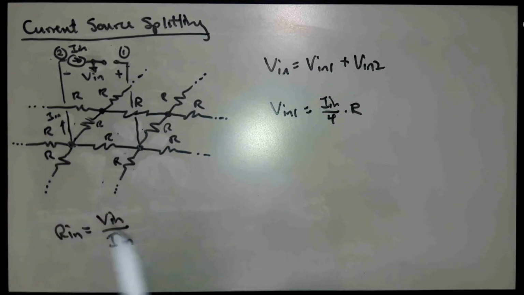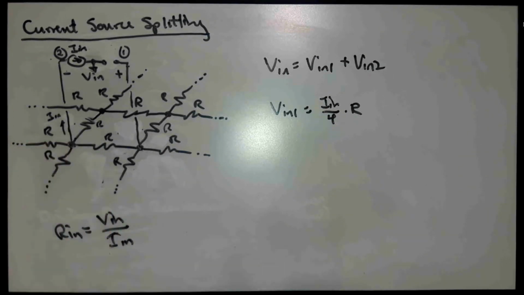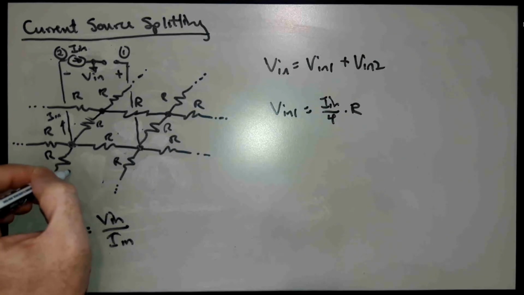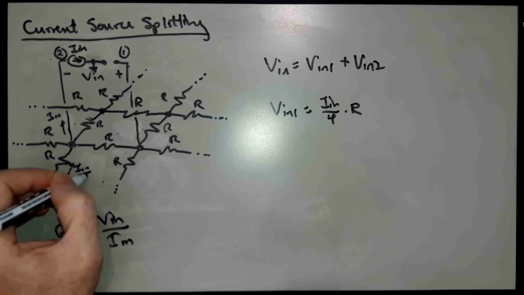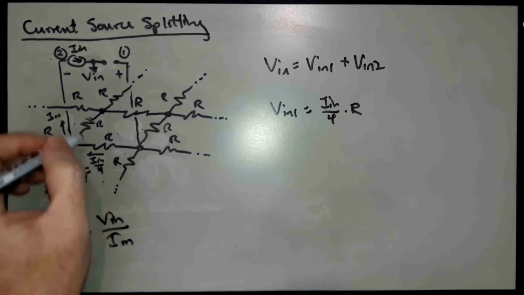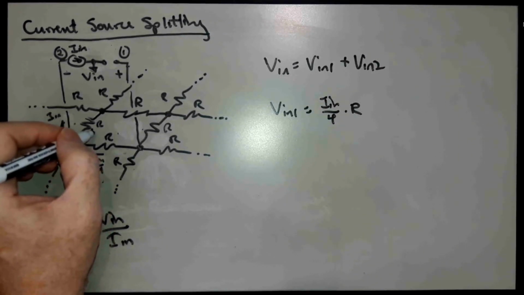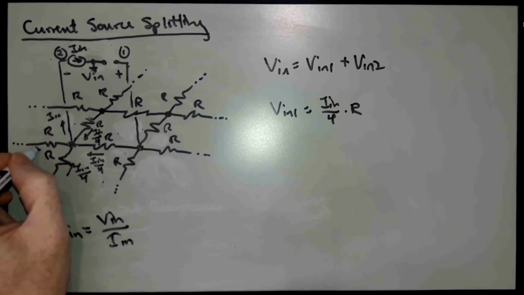That current has to come from somewhere. It comes from 4 resistors, and again, it's a perfectly symmetric situation. So a fourth of it has to come from here, a fourth from here, a fourth from here, and a fourth from here.